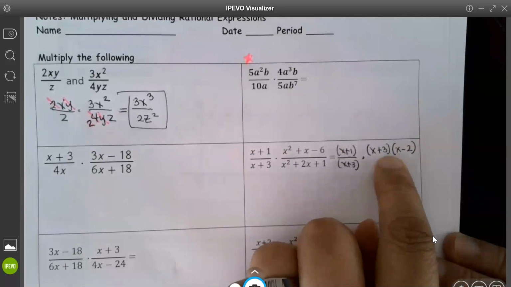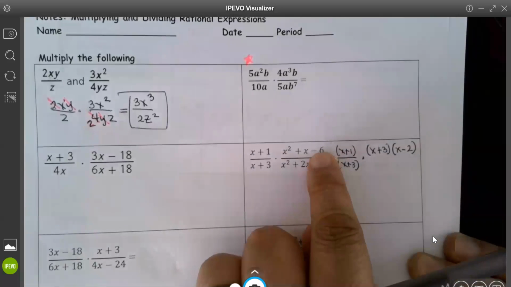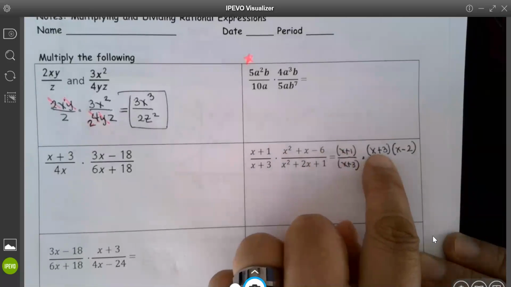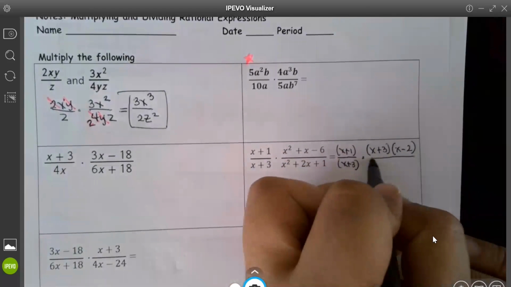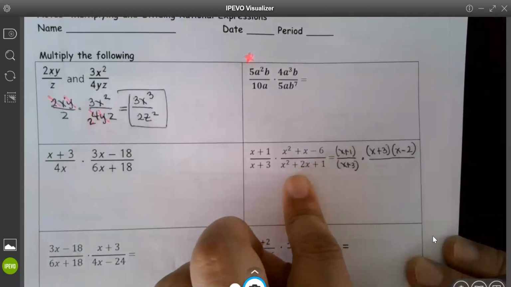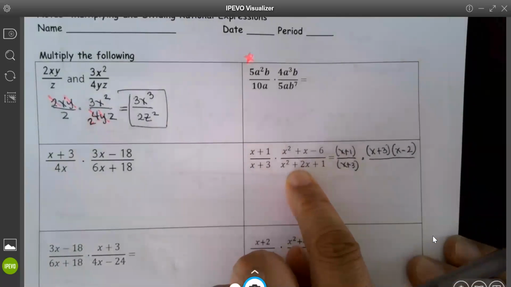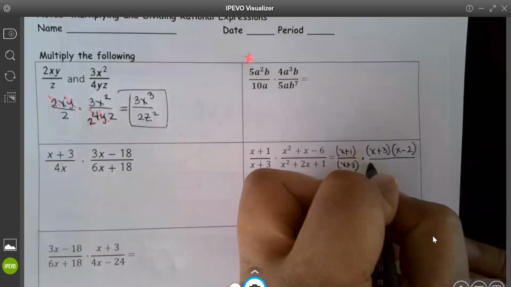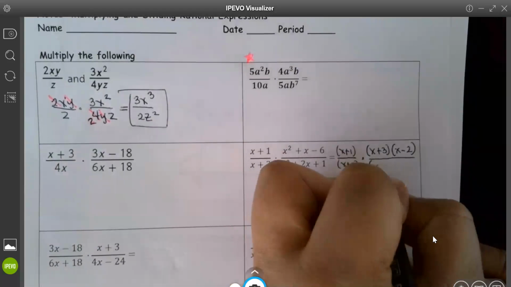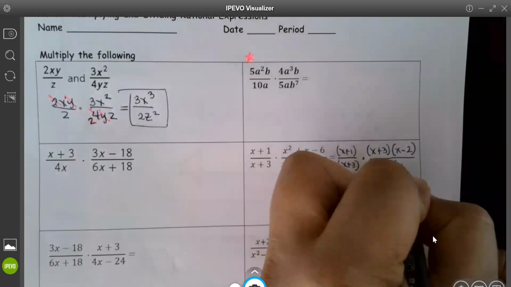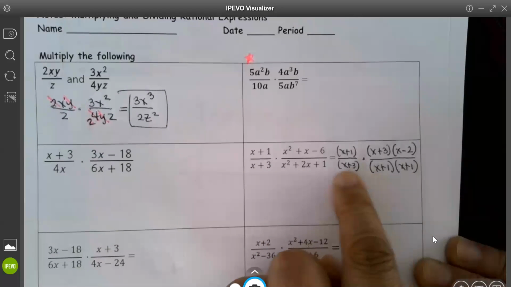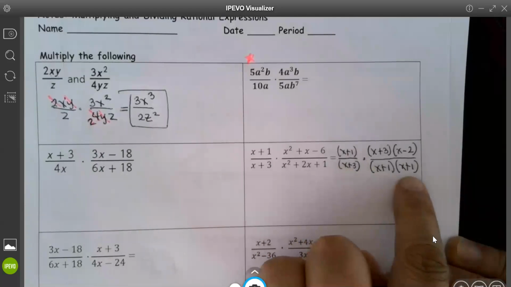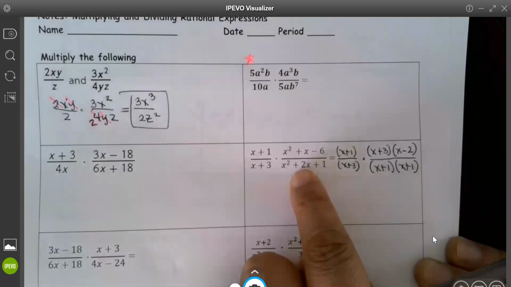Because 3 times negative 2 is negative 6, and 3 plus negative 2 is positive 1. Divided by the bottom, you have x squared plus 2x plus 1. You factor this one as x plus 1 times x plus 1, because 1 times 1 is 1, and 1 plus 1 is 2.